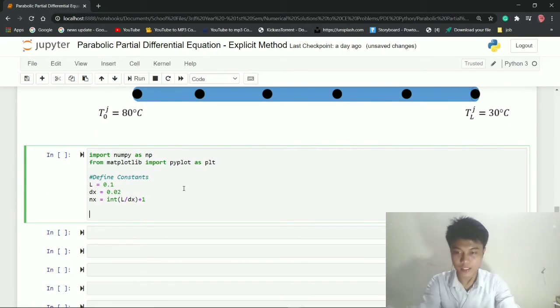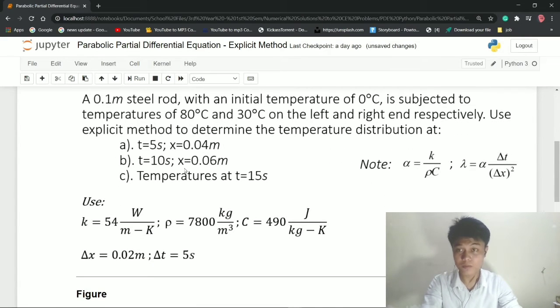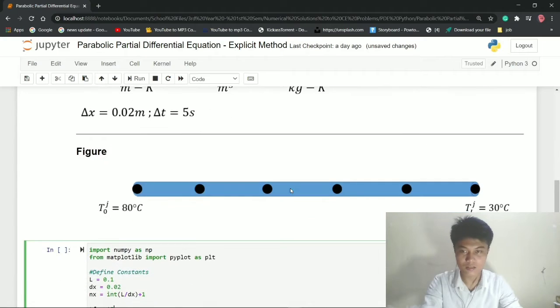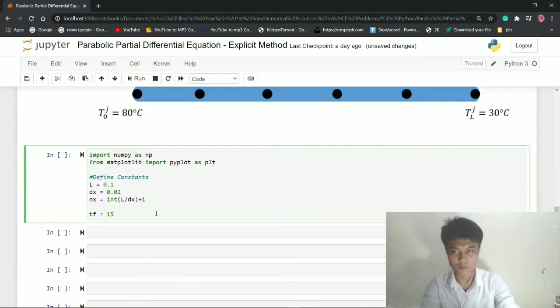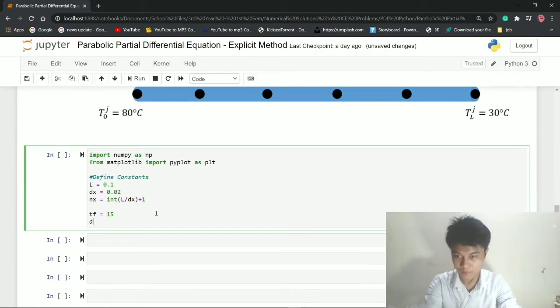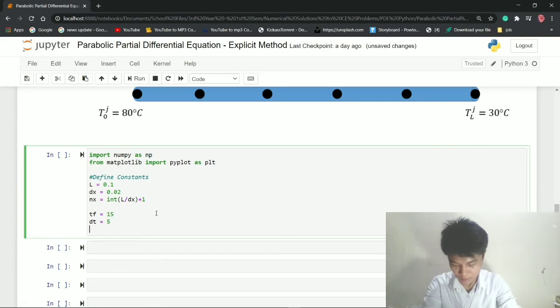Then next, we have our final time, TF. So, 15 seconds ilagay natin dito. Now, dito sa problem, hanapin natin yung time natin at 5, 10, 15. So, for now, our time is 15 seconds para mas mapadali tayo. So, our dt is 5 kasi 5, 10, 15. 5 yung difference nila.